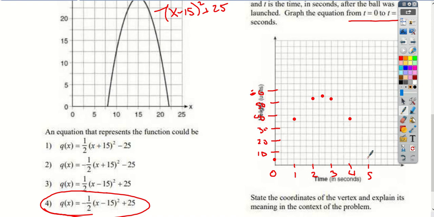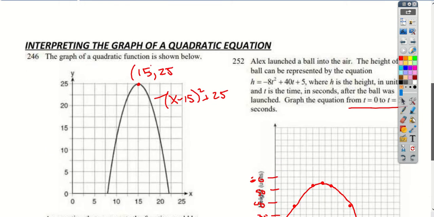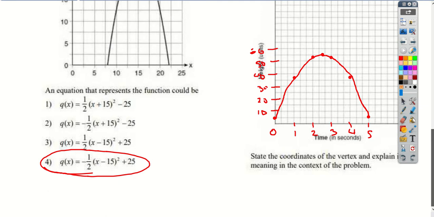And we know 5 is going to be at 5, and then we're just going to draw that curve in for ourselves. I don't do arrowheads, so I'm going to stop right when I get to the bottom number. So if this is the rocket here, we know that h is the height and t is the time.